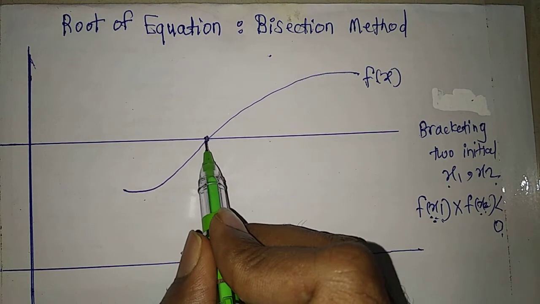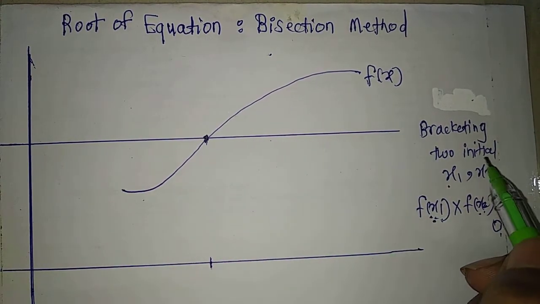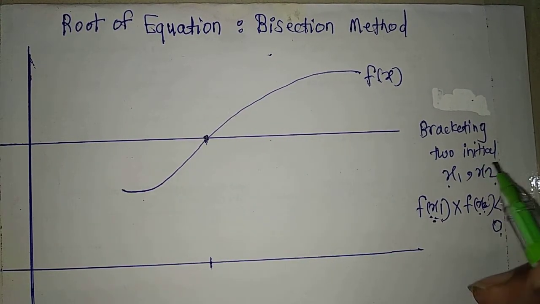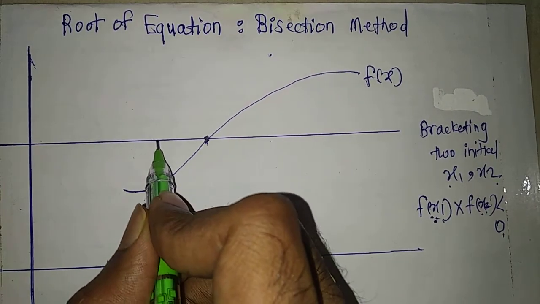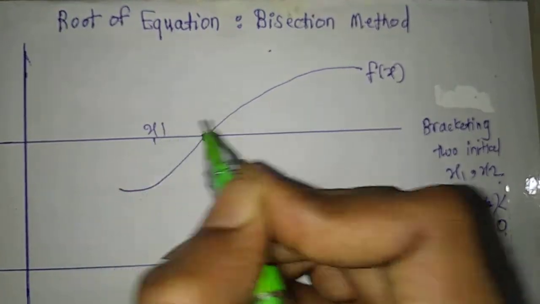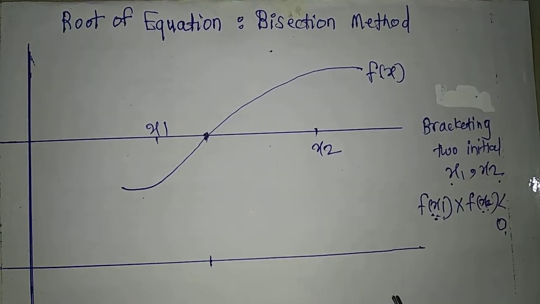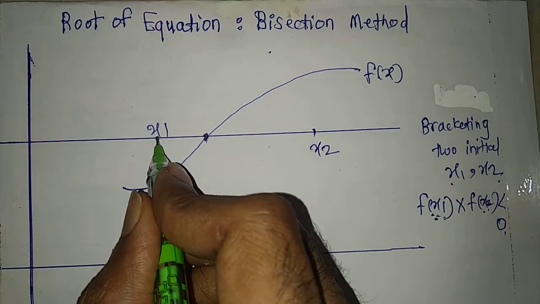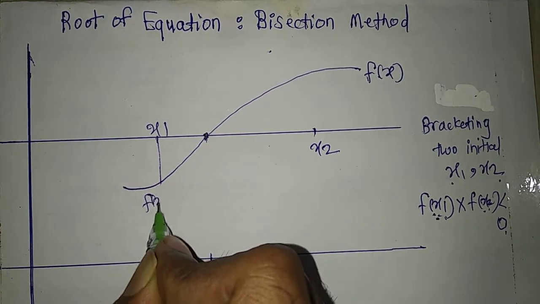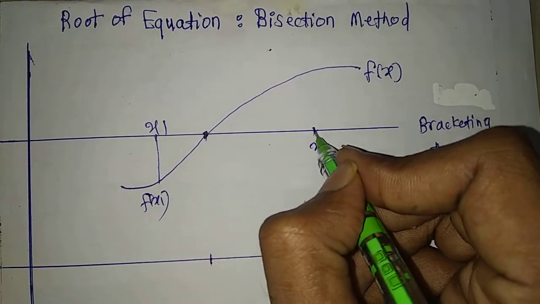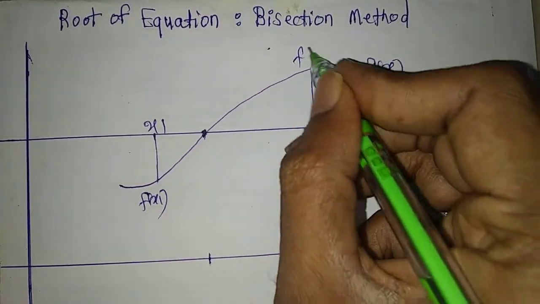Suppose this is our root. The first initial guess we are going to assume is x1, and suppose x2 here, with the respective function values f of x1 and f of x2.